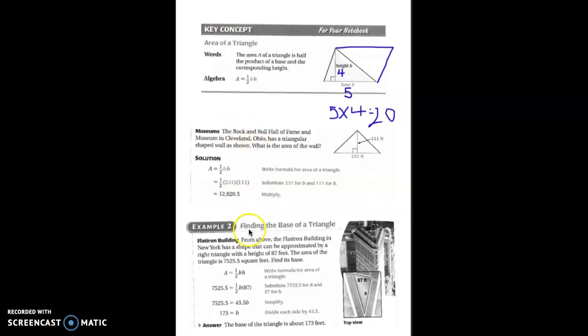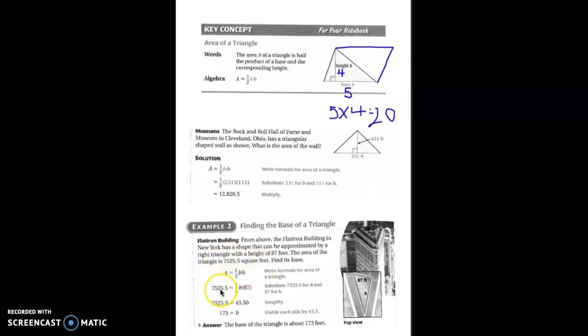Now suppose in the second example you're given the area and you're given one of the height or base. In this case, you're looking for the base. So again, you write out the formula. A equals half of base times height. And then instead of substituting both base and height, you're now given the area.